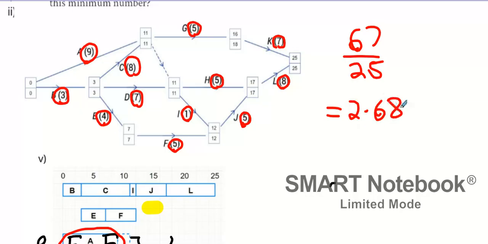Now, that means 2.68 workers minimum. This can be done with 3 workers, we're hoping. Is that okay? 3 workers. Yeah. Well, oddly enough, we ain't getting this done with 3 workers, and you'll see why soon enough.